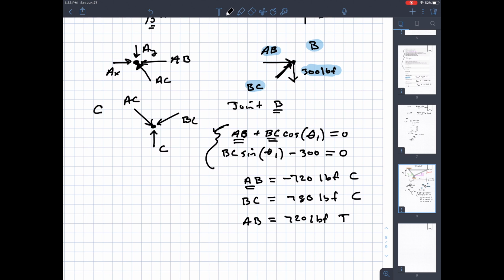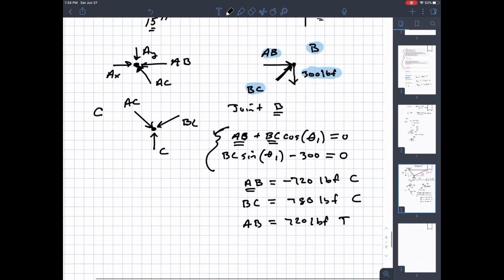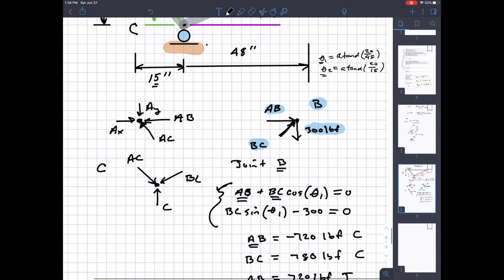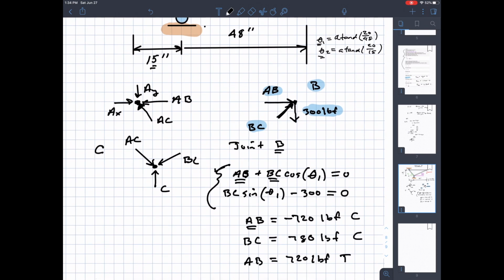So the only thing we have left is to take a look at the force in member AC. Okay, so I look at a joint here and I know this force now because we calculated it. I know BC, we calculated that.